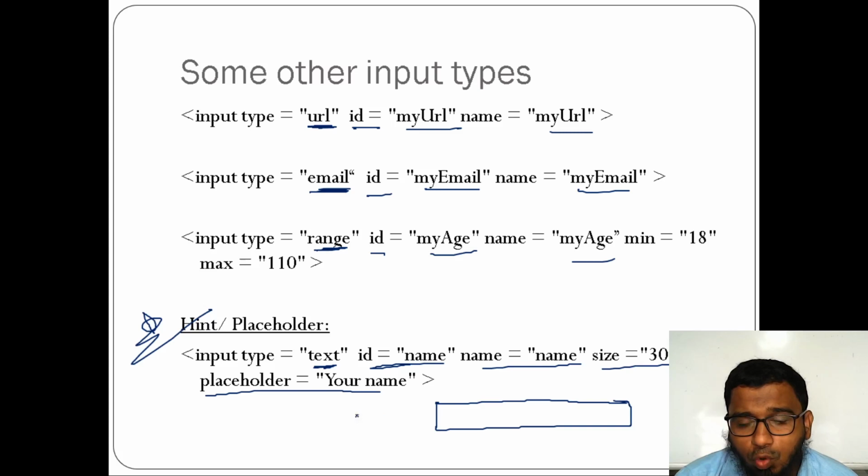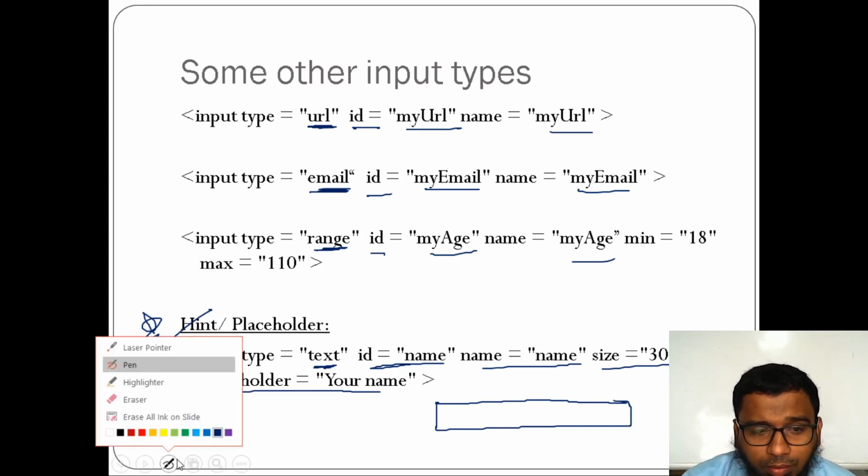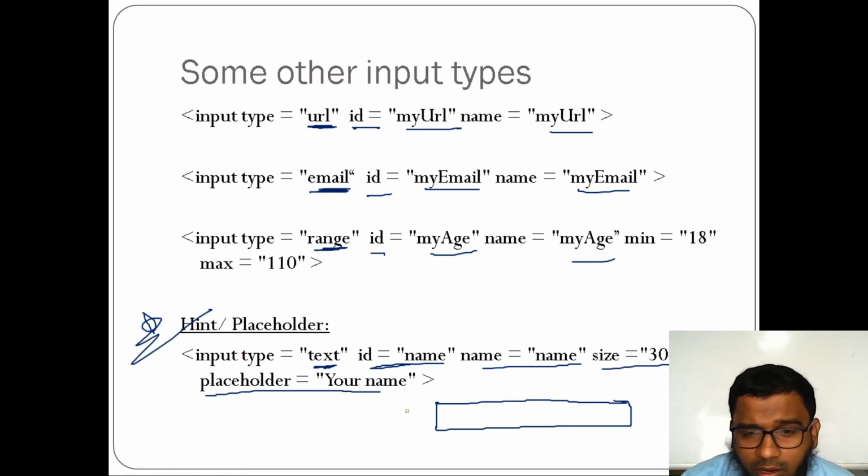Here, if you don't want the label, in place of the label you can get a very light color text, your name. It will be written in the box itself. When you click here, you are able to write your name.